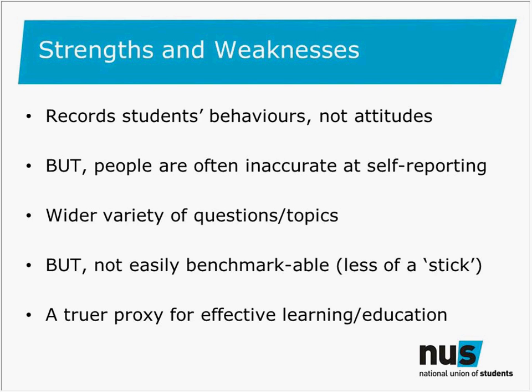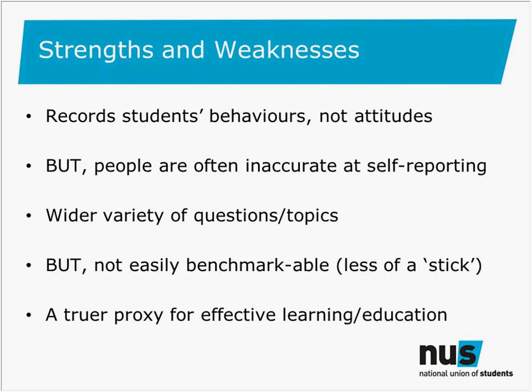It asks a variety of questions and topics, but the data is not easily benchmarkable. One problem in American higher education, at least, is that because there isn't an equivalent of the NSS, a sort of national league table influencing survey, it doesn't perform that function.